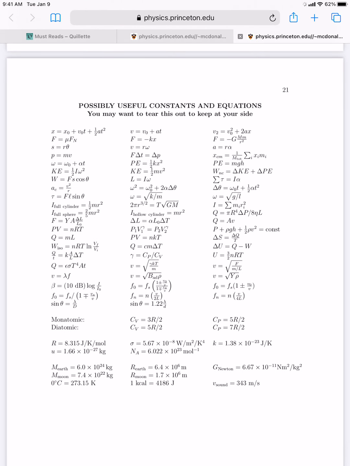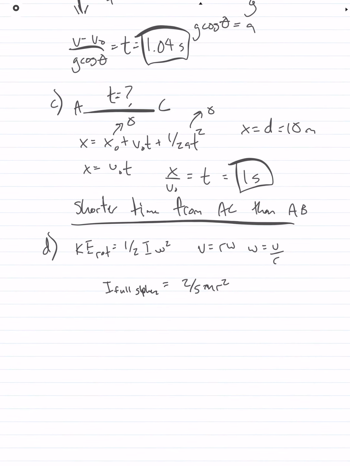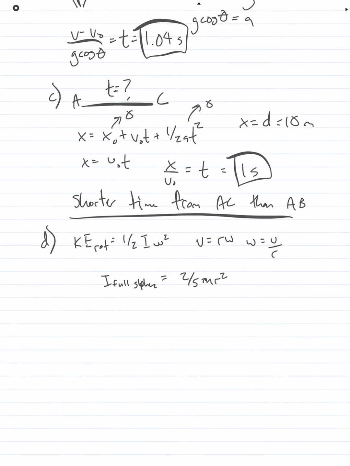You can see them in here. We have the kinetic energy in the top left column, and we also have the inertia of the full sphere in the middle left column. And in the top middle, we have v equals r times angular velocity. So with this, we do the same thing we did for part A, but we have an additional bit of equation to work with.